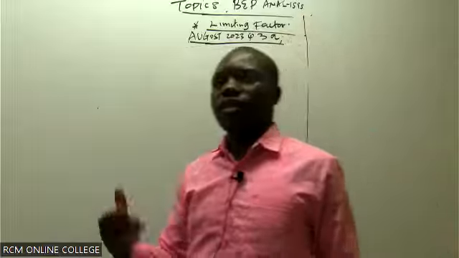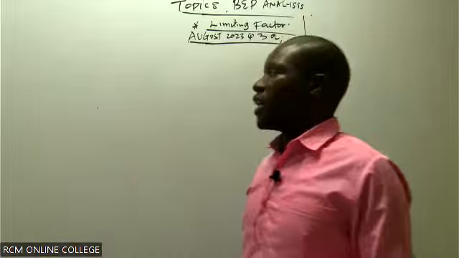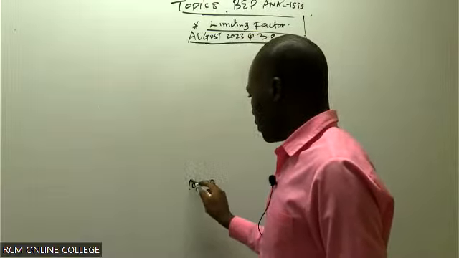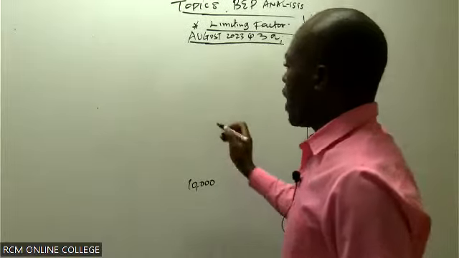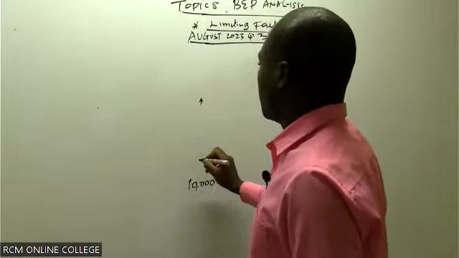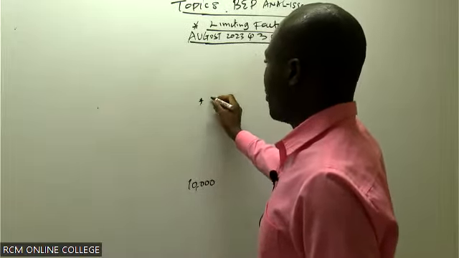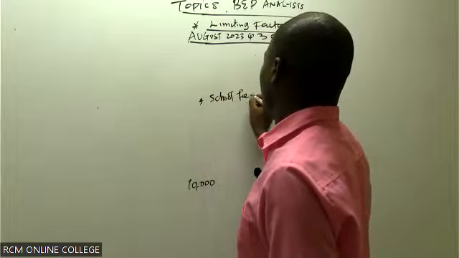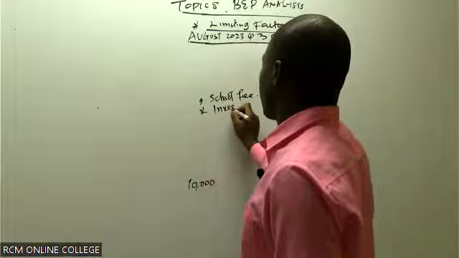If you are told to give us the definition of a limiting factor, the market demands 10,000 units. Not even the market. Start it from yourself. You have one, you need to pay for some expenses. One, you are supposed to pay school fees. You are supposed to do maybe investments or saving.